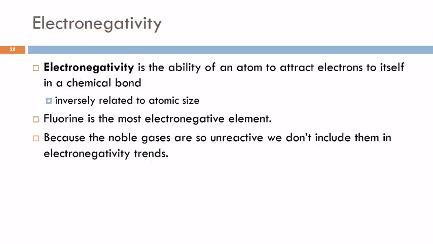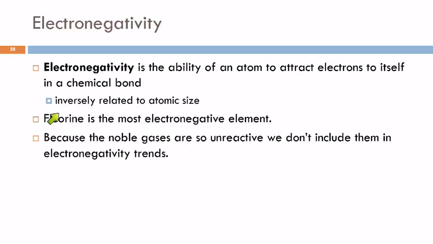So electronegativity is the ability of an atom to attract electrons to itself in a chemical bond. Electron affinity was the energy change when an electron is added to a neutral atom to make a -1 ion. So there's some similarity there, but the concepts themselves are actually quite different. Electronegativity happens only in a covalent bond.